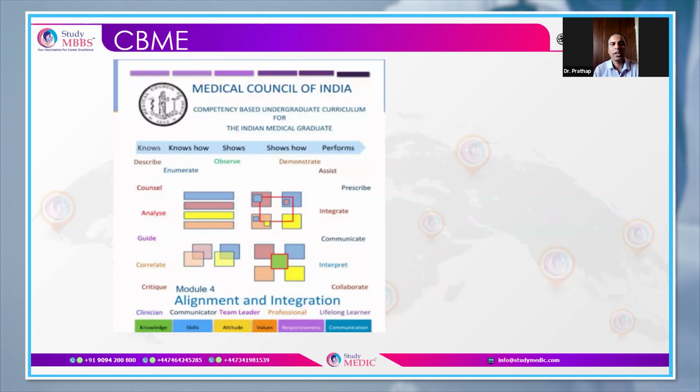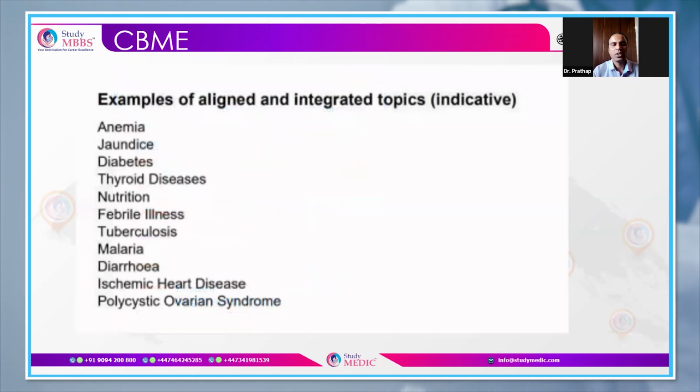So we have to align ourselves and integrate the subject, the alignment and integration. This is the most important subdivision of CBME, where we'll align one subject. I'll give you examples also in this video. Once you understand this concept called alignment and integration, you can go about this in a smooth manner. So let's see this.